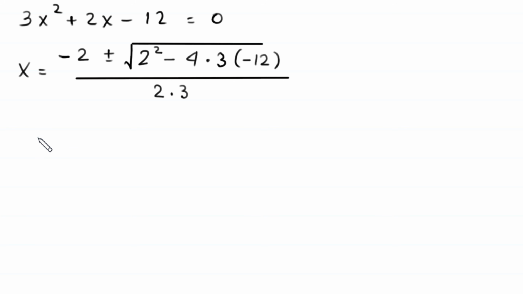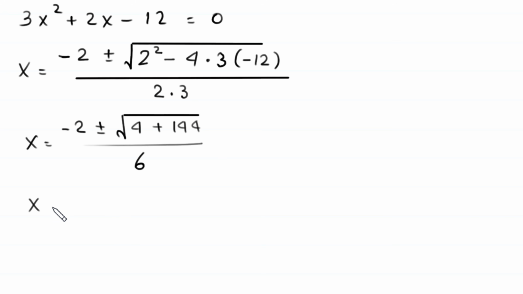Further simplify, x equals negative 2 plus or minus the square root of 4 plus 144, divided by 2 times 3, which is 6. So x equals negative 2 plus or minus the square root of 148 divided by 6.